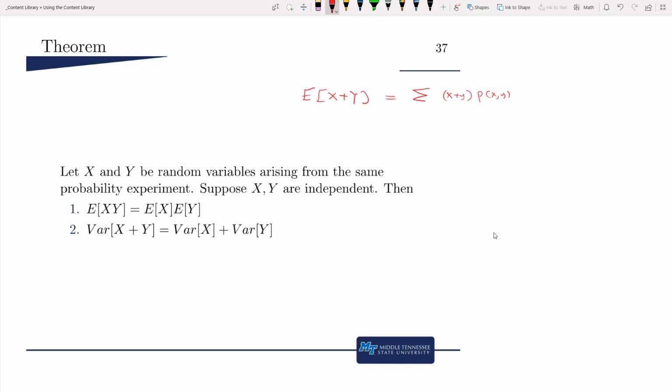This is a joint distribution function. Here, let's put x_i, y_j, so we can add an index here, so it's ij. If I expand this, it's a sum across i and across j, so I have x_i plus y_j.